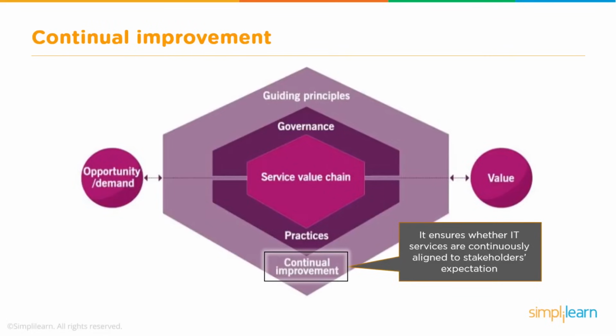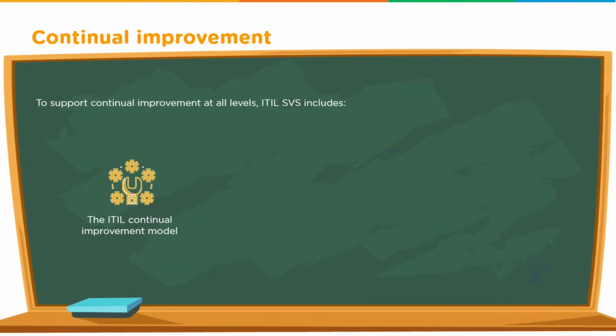The next component of the service value system is continual improvement. Continual improvement is for the entire service value system, which ensures that IT services continuously align to stakeholders' expectations. We don't just speak about fulfilling the expectations of stakeholders, but going beyond them. It's very important, meaning giving a better service experience.